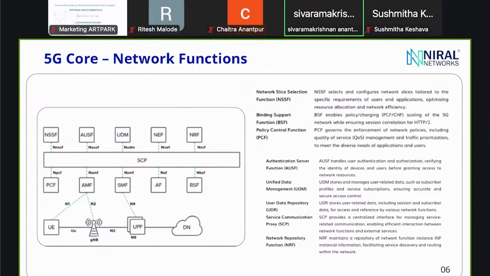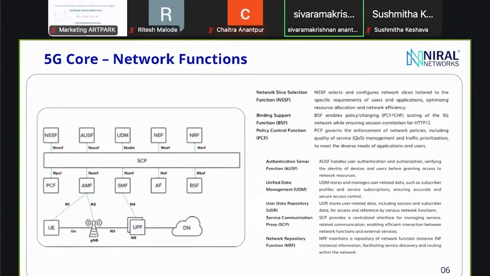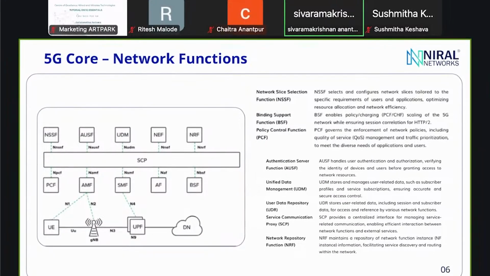Another important network function is NRF, Network Repository Function. Basically, this provides a sort of heartbeat mechanism. That is, every network function periodically updates NRF that it is in good health. And this basically helps to keep track of the basic availability of all network functions.